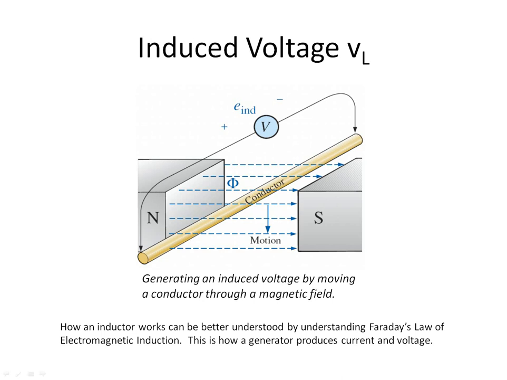In taking a look at the diagram, when you have a wire and it's being moved downwards and it's cutting those lines of flux shown by the dashed lines, which are established by the north and south fields, then we'll have an induced current in the conductor, in the wire, and we'll also have a voltage across the ends.